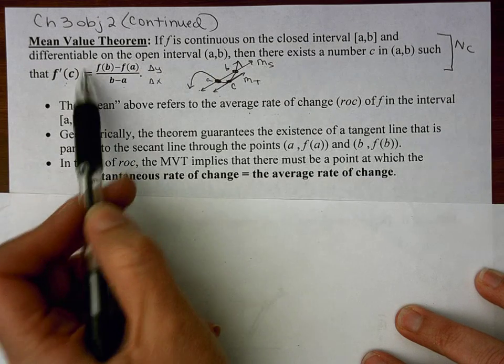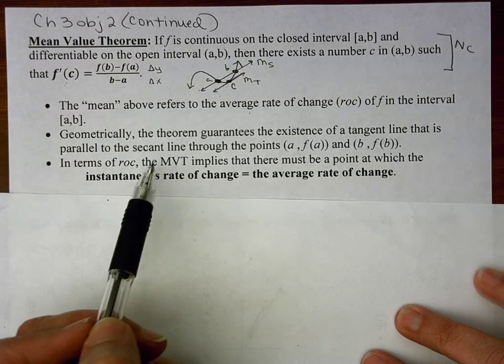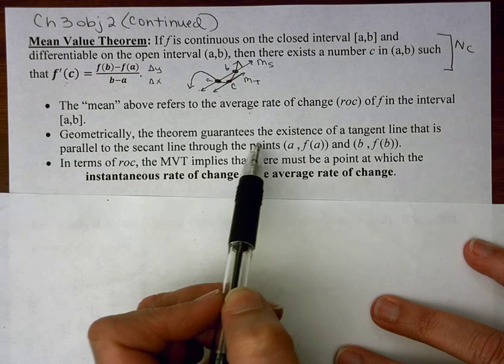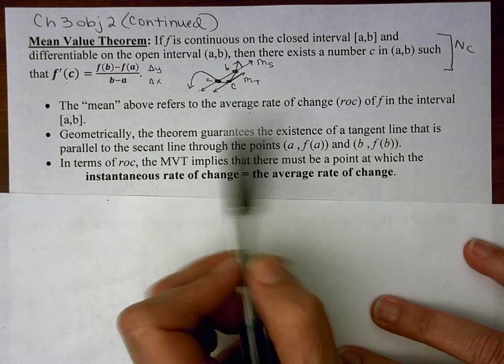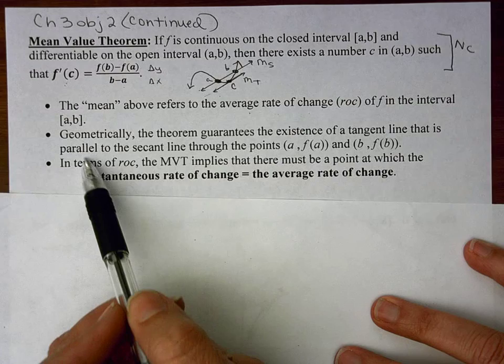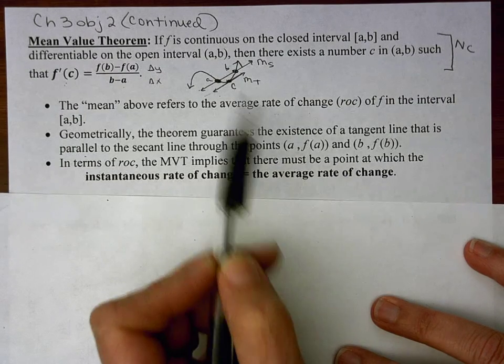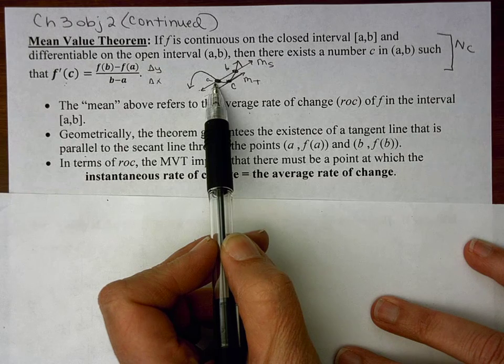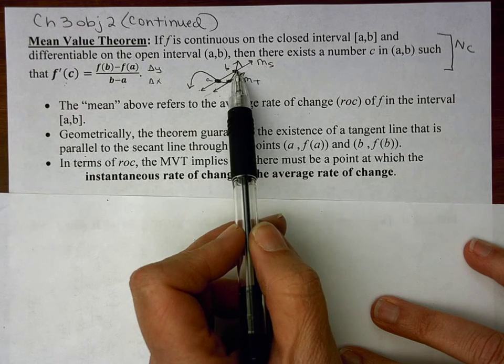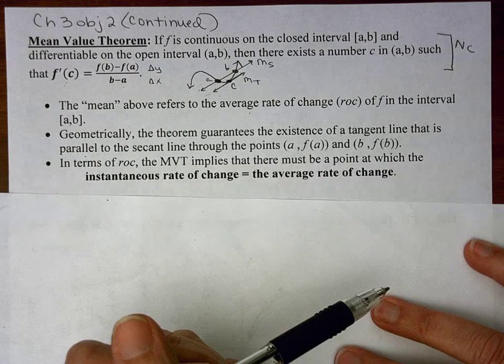And then geometrically, the theorem guarantees the existence of a tangent line, right here, that runs parallel to the secant line through the points (a, f of a) and (b, f of b). And again, you don't need to write that part down.